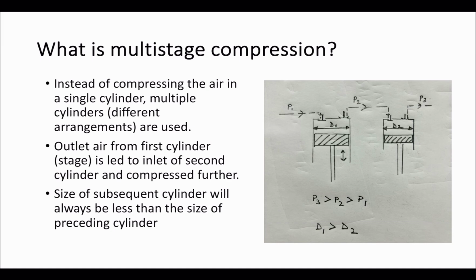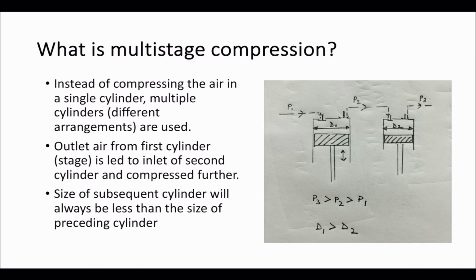This P2 is the maximum compressible value that can be obtained with the design limitations of this cylinder, and then this air is sent into the next unit, the one with the dia D2, and the air at pressure P2 is compressed until the value of pressure P3, which is ideally the pressure at which we have to obtain the air and use it for our different operations.